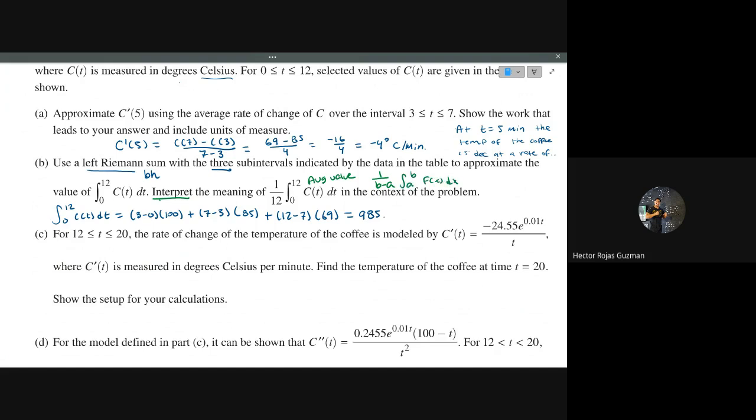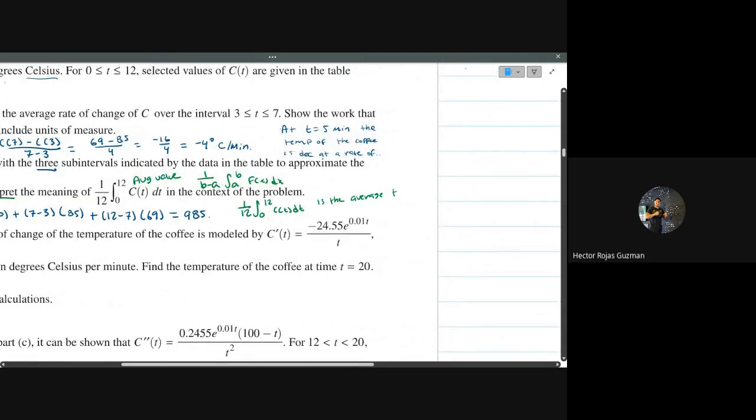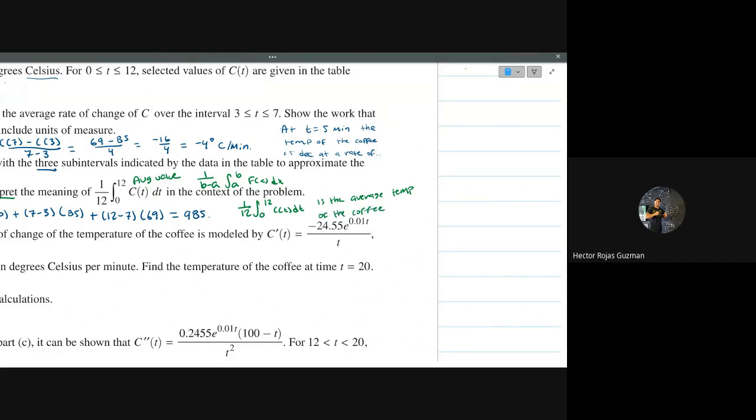So the meaning, 1 over 12 times the integral from 0 to 12 of C of t dt, is the average temperature of the coffee during the first 12 minutes.